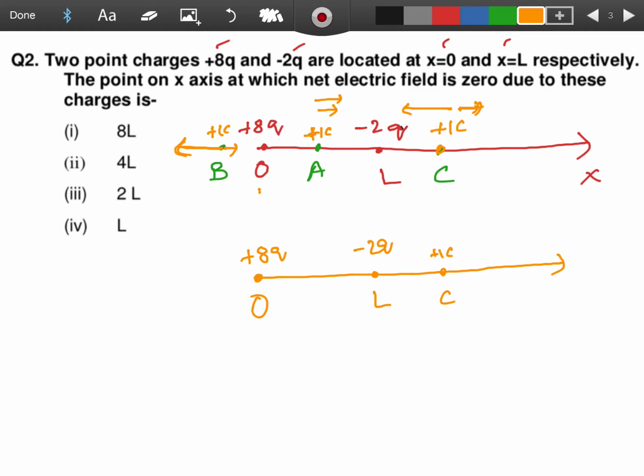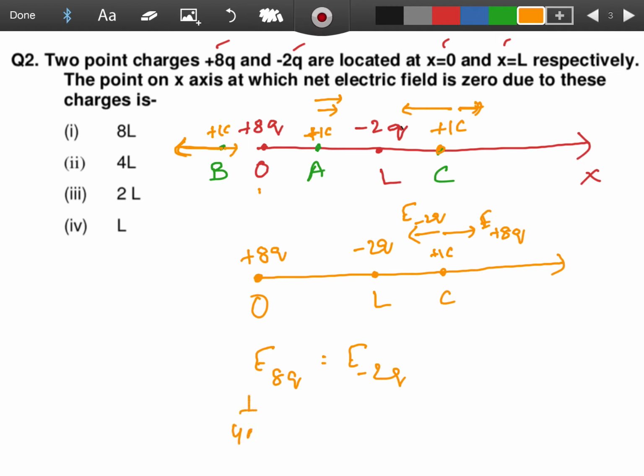Now, plus 8q is repelling this one, and minus 2q is attracting this one. So these two should be balanced. So let us balance them.